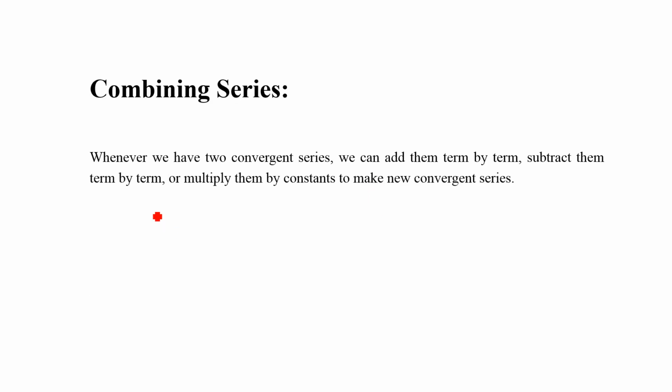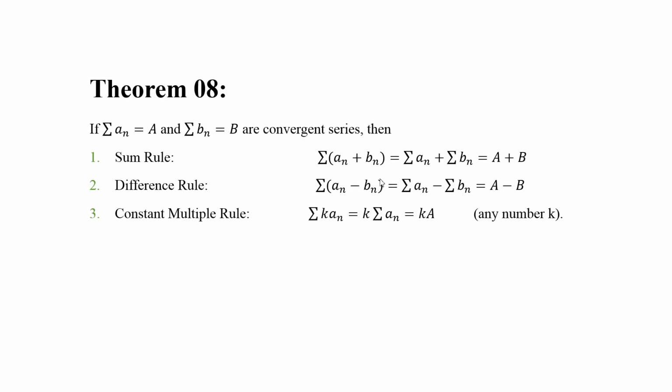So combining series, whenever we have two convergent series, a point to be noted here, we can add them term by term, subtract them term by term, or multiply them by constants to make new convergent series. So here are the rules.